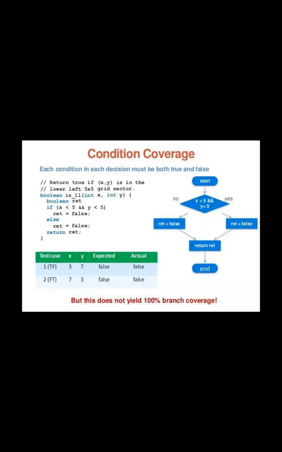If x is 3 and y is 7, the expected result is false and the actual result is also false. If the expected and actual results match, then the logic and specification are correct. If they mismatch, there is some hidden error in the project.